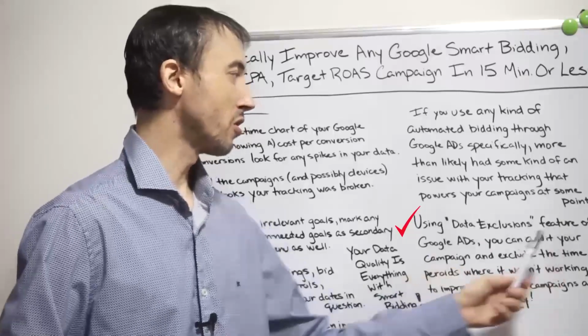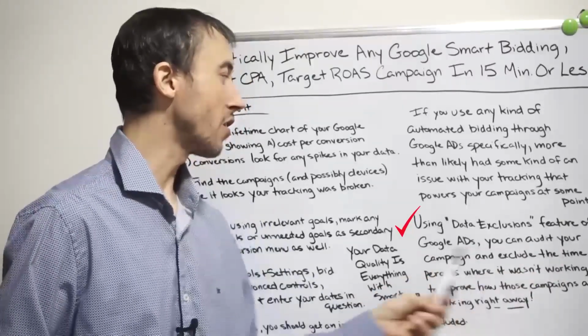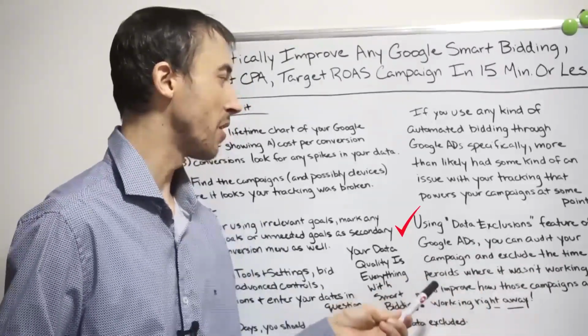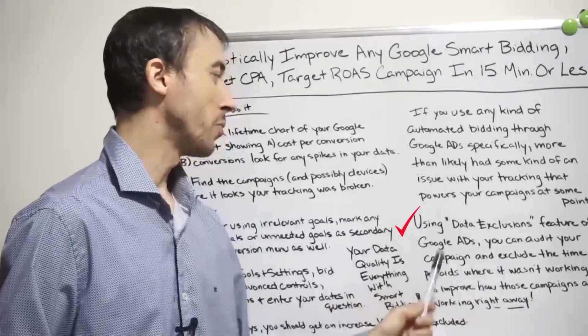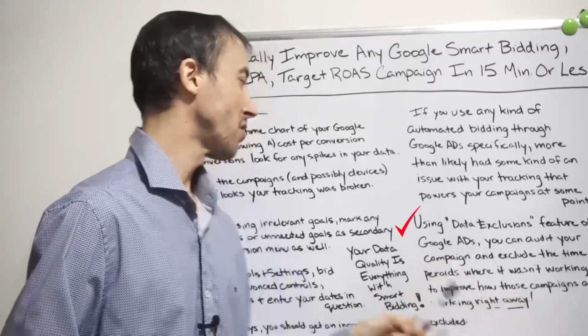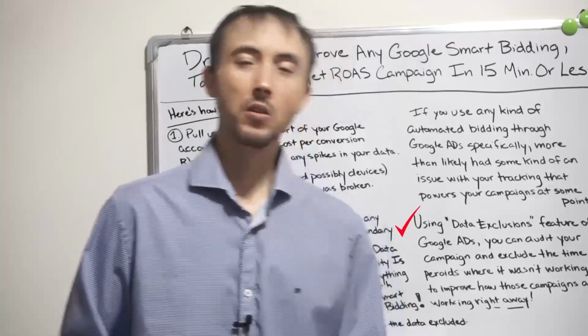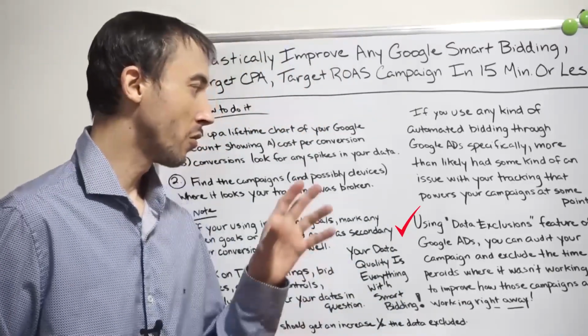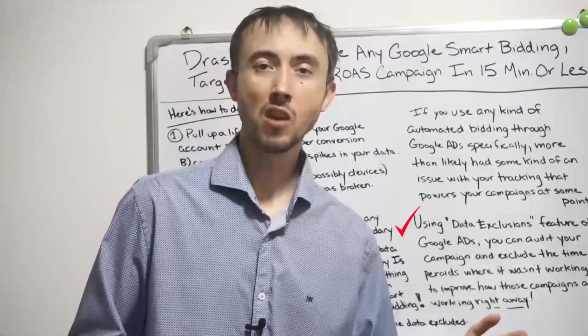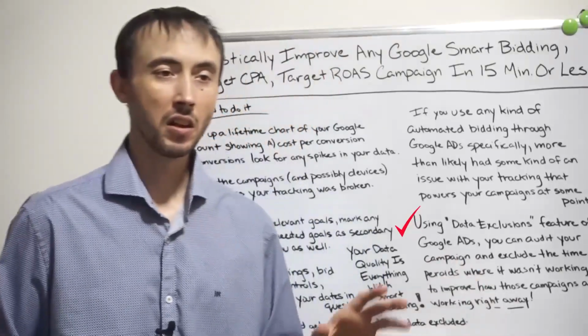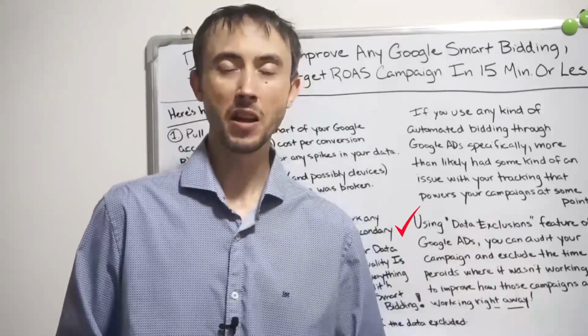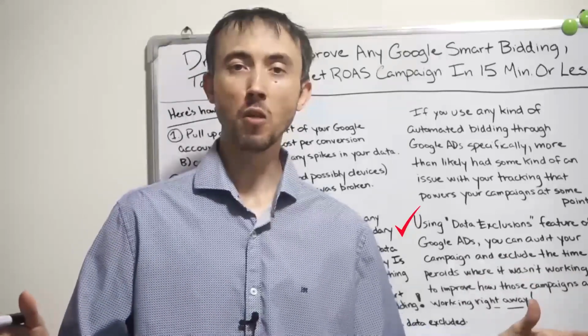Using the data exclusions feature of Google Ads, you can audit your campaign and exclude the time periods where it wasn't working to improve how those campaigns are working right away. With that, you just have to know when the tracking was broken. You tell Google when that time period is, and then everything should go back to normal.